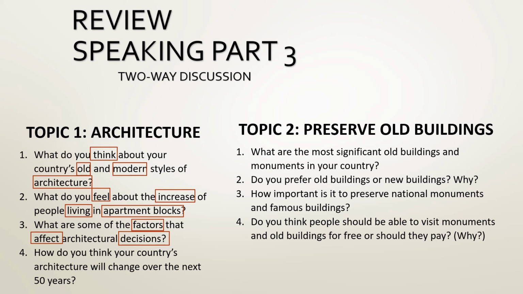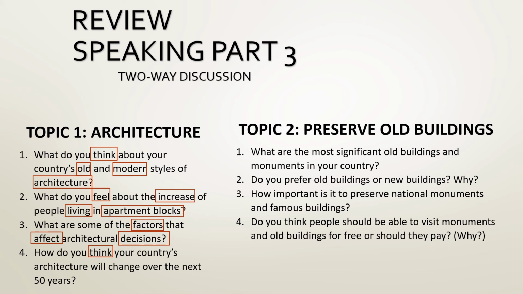So we can say, for example, that one of the reasons that affects how people decide on the architecture of their house or apartment or building. All right, so we just have to simply change the function of the word.